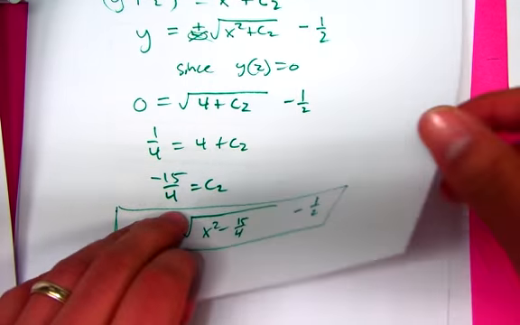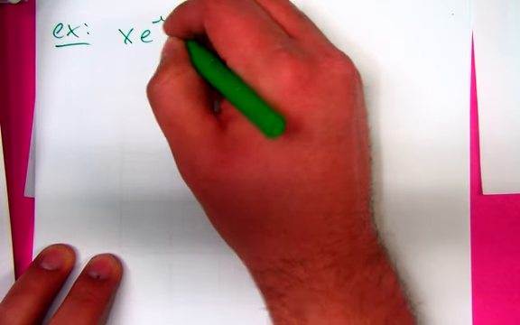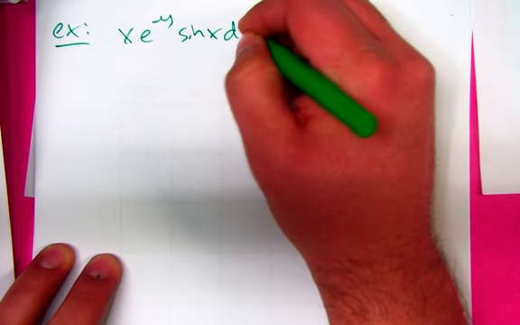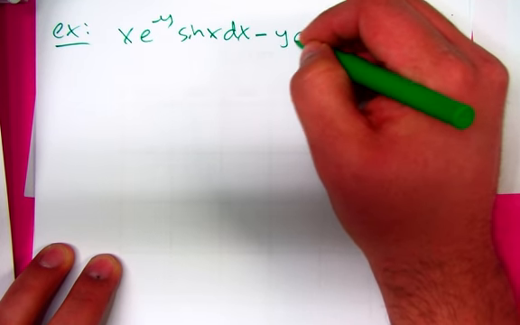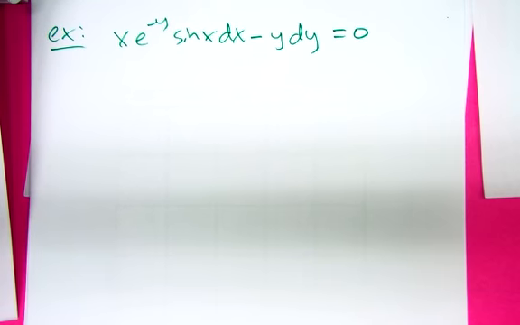Let's try this one. Beef it up a little bit. In a matter of a couple days, you're going to look at this equation and go through a process or roadmap and try to identify: is this going to be separable?